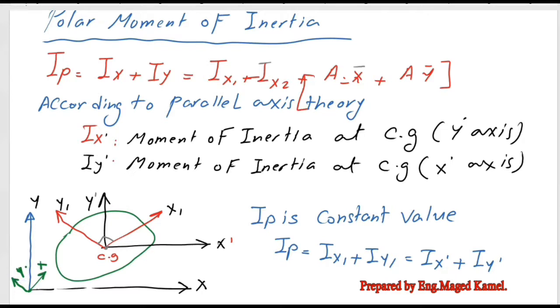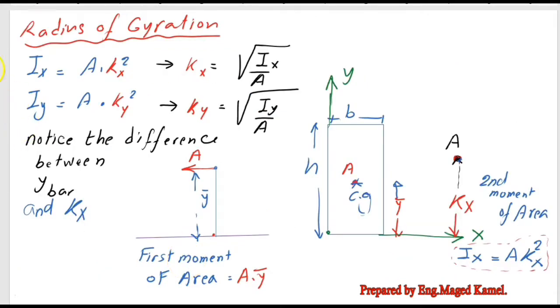There is another term we call the radius of gyration. For Ix equal to A multiplied by Kx to the power of 2, we can get the expression that Kx equals the square root of Ix divided by A. Similarly, Iy equals the area times Ky to the power of 2, which means Ky equals the square root of Iy divided by area.